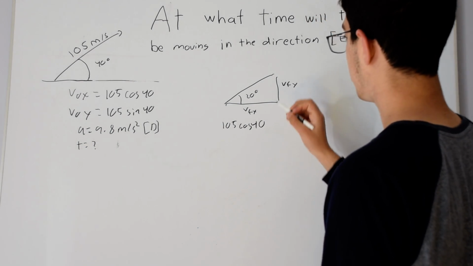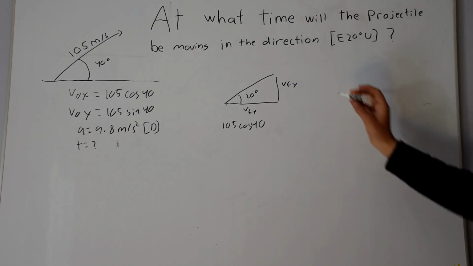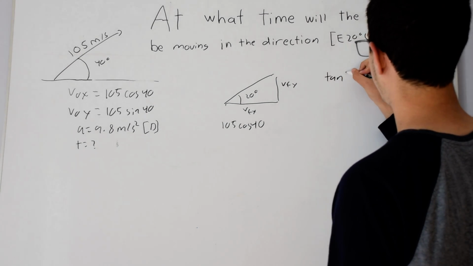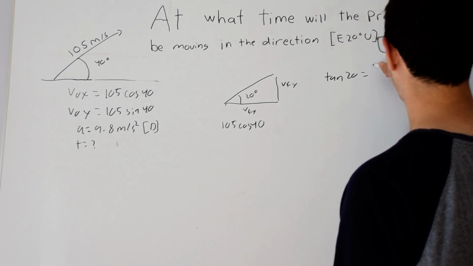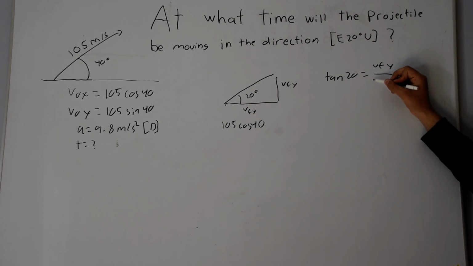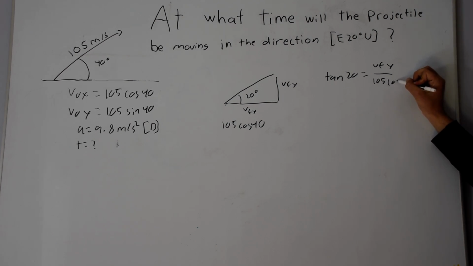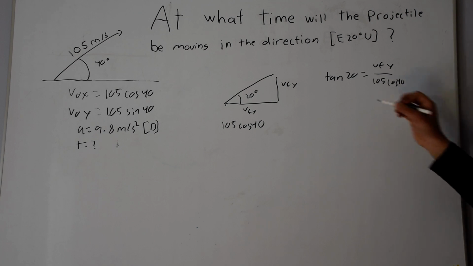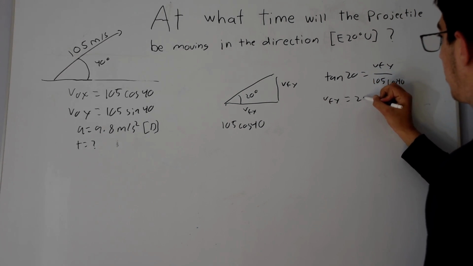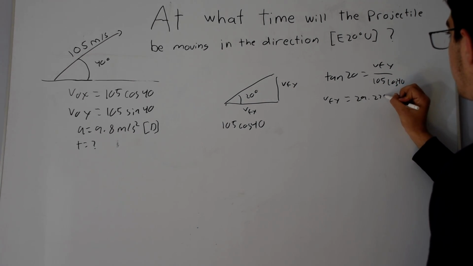And we can use trigonometry to find its final velocity in the vertical direction, because tangent of 20 is equal to the final velocity in the vertical direction over the velocity in the horizontal direction, or 105 cosine 40. When solving for the final velocity in the vertical direction, you get 29.2758.